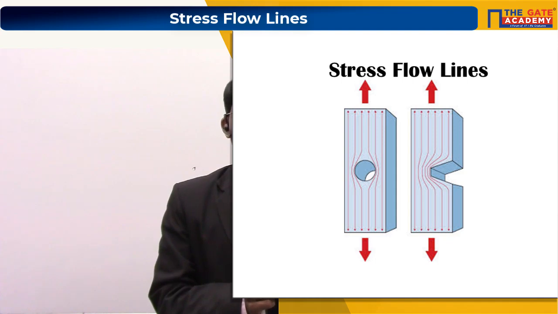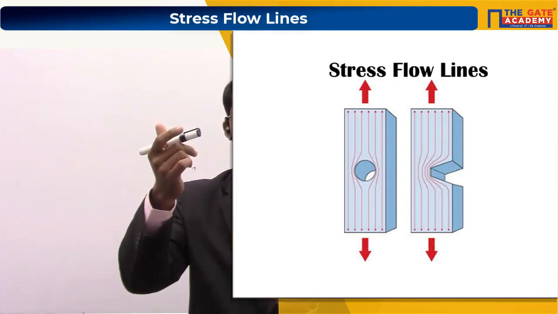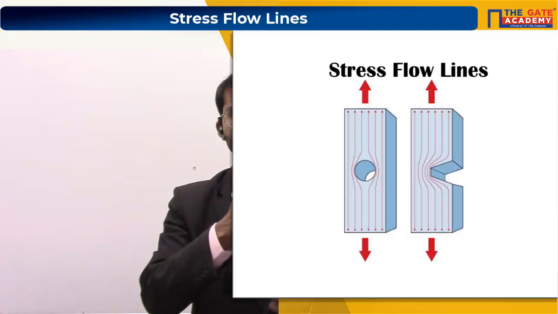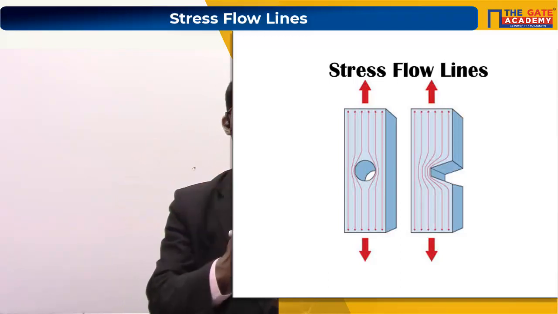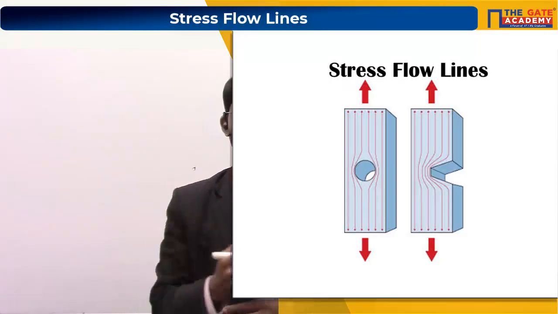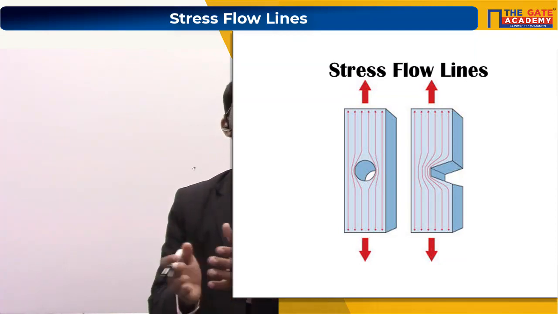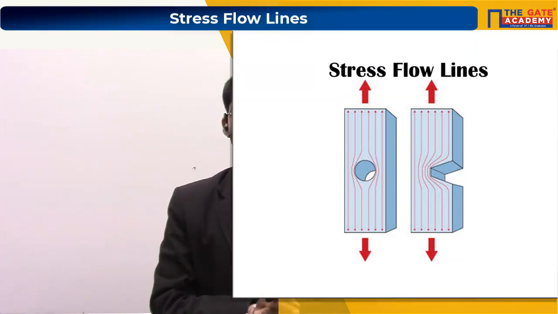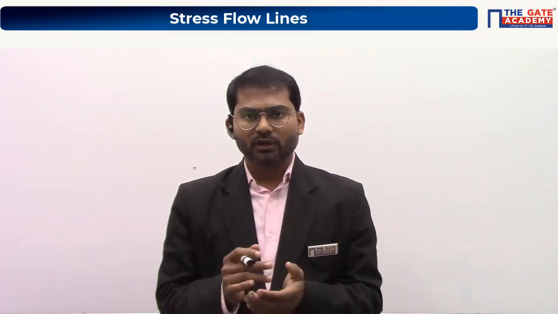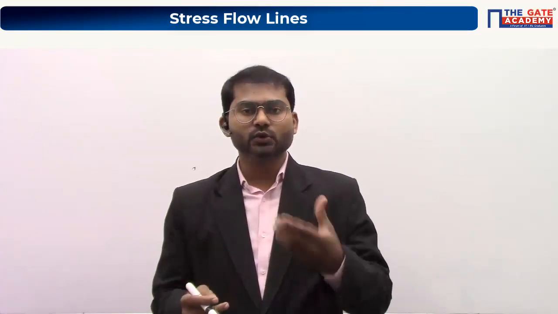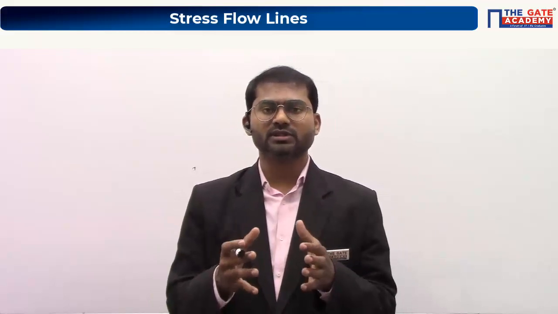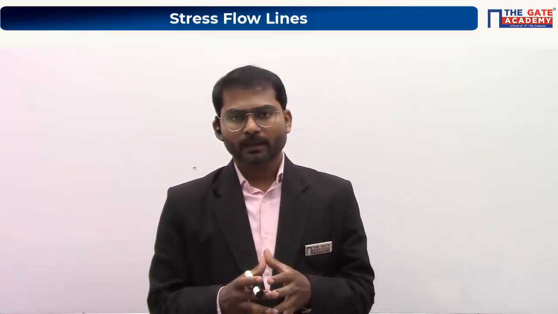So at the vicinity of that hole or the notch, stress is higher. Whatever stress is there at the other locations is lesser as compared to the stress at the discontinuity or the blowhole or the hole or the notch here. So we can understand that very easily just by looking into the diagram which is having stress flow lines. So I hope you guys have understood by now what is the main advantage of using stress flow lines. Clear?